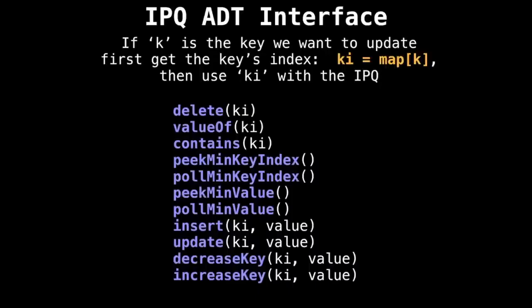For all these operations, you need the key index associated with the particular key that you're dealing with. Throughout these slides, I will be denoting the key index simply as the variable ki to distinguish it from other index values, so keep your eye out for that.